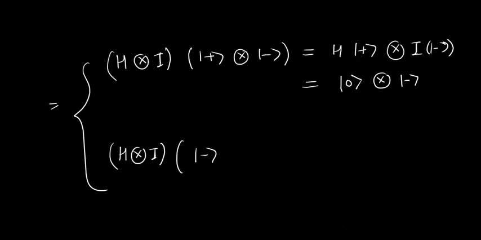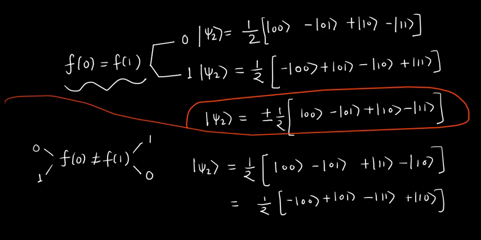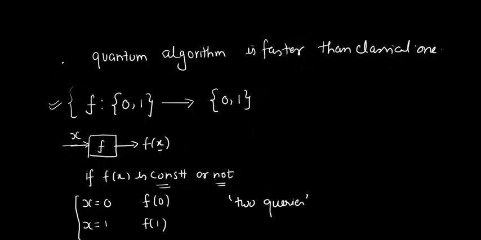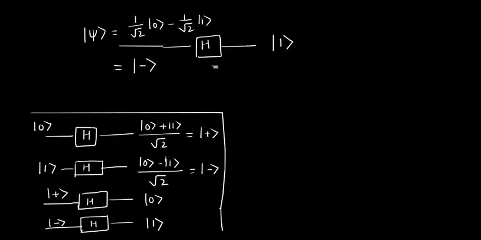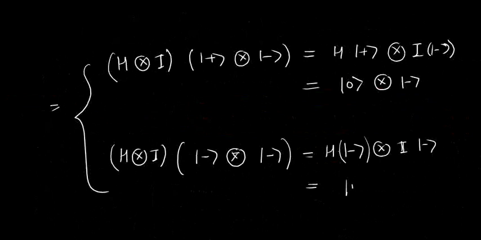We applied Hadamard to the first qubit and identity to the minus, and when we apply Hadamard to this, as we have seen, in our result we will get computational basis 1.